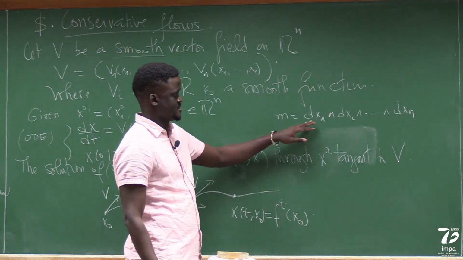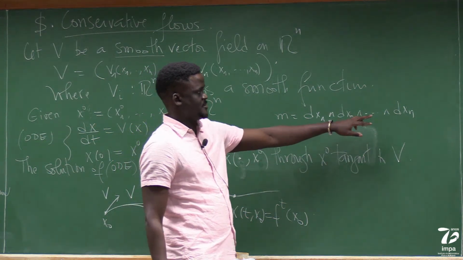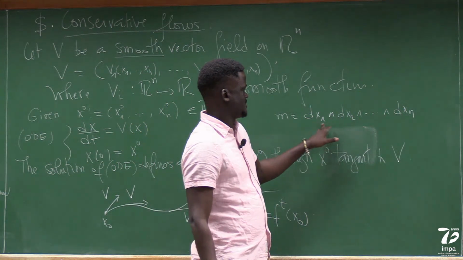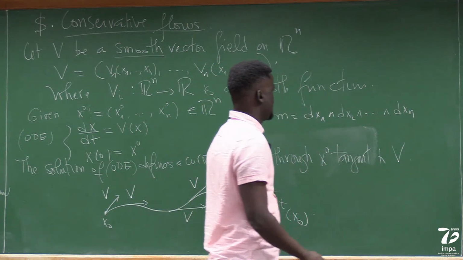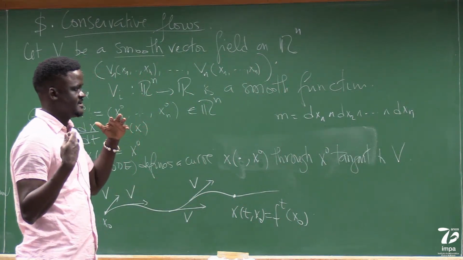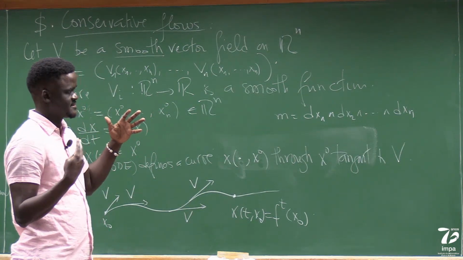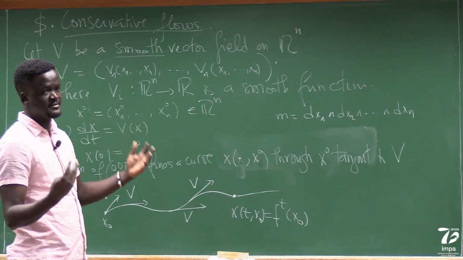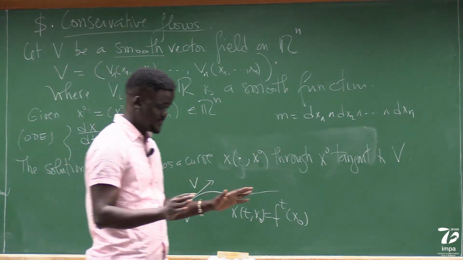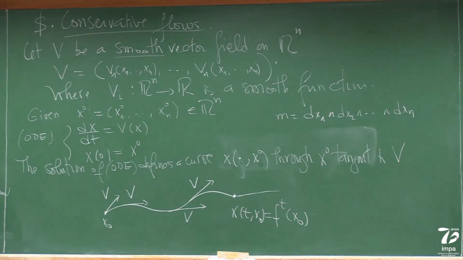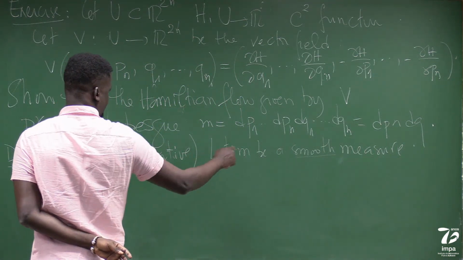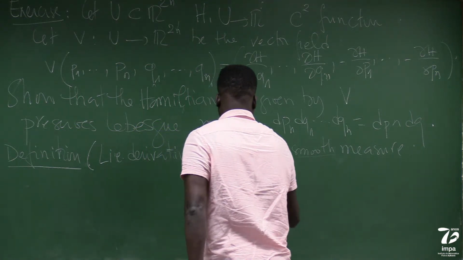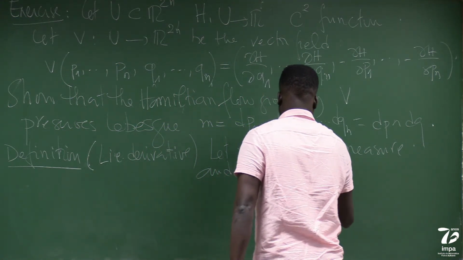This is a top form because it is n dimensional, and usually it's good to look at measures as top forms. A form is just something that acts linearly on the tangent bundle. But if you don't know that, don't worry, we don't need to worry too much. So the Lie derivative: let M be a smooth measure and V be a smooth vector field.